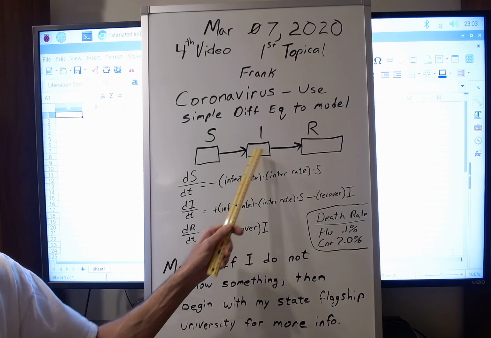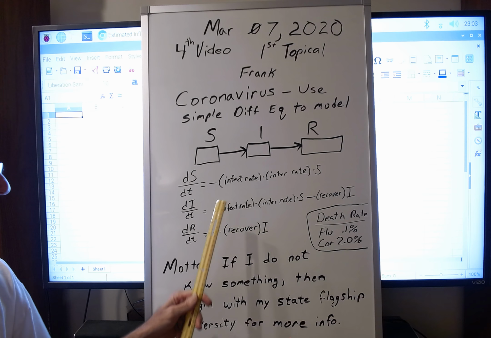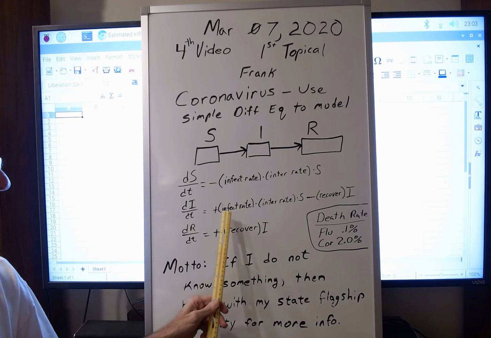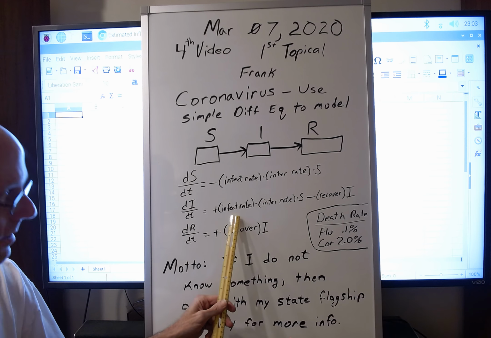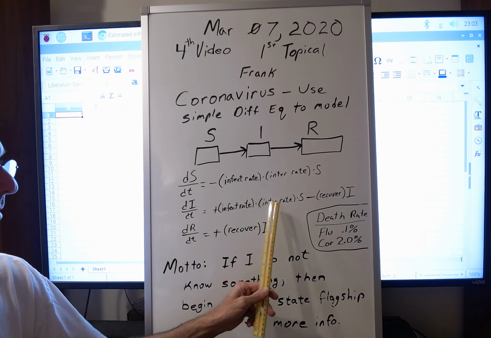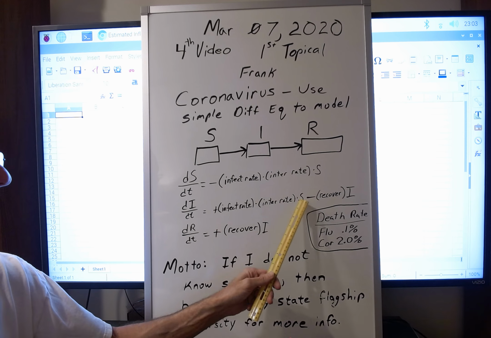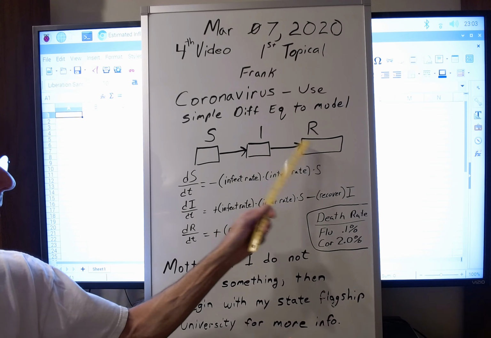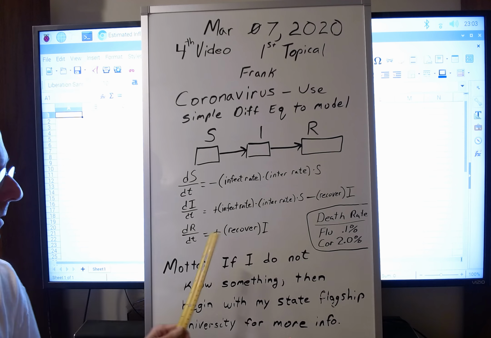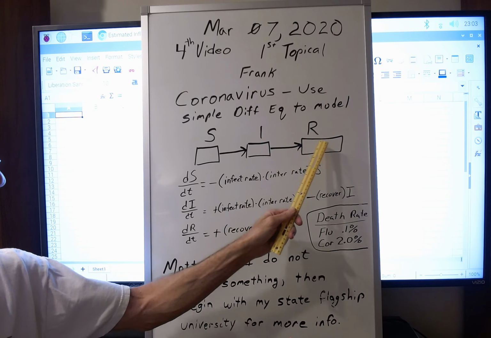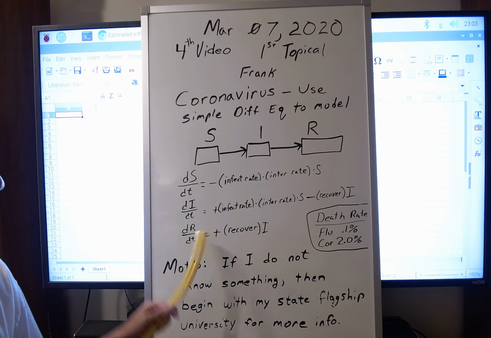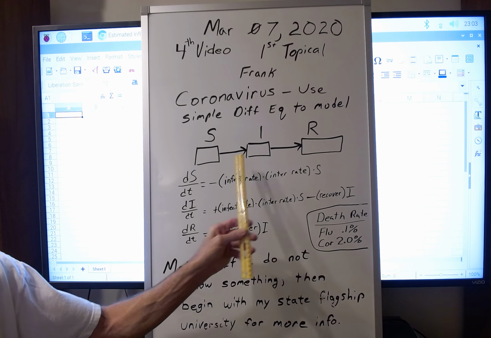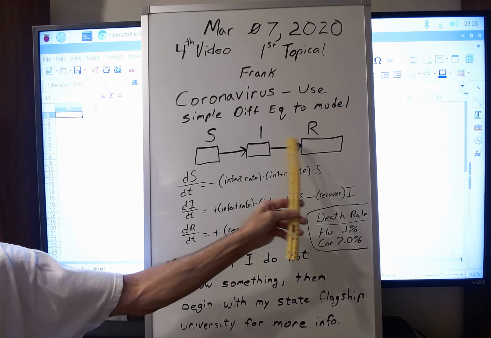In the infected cell, there's flow coming in and flow going out, and that's the infection rate times the interaction rate times the people in the S cell, minus the recovery rate in the I cell. In the R cell, there's just flow going into it, and that's the recovery rate from the I cell going into the R cell.